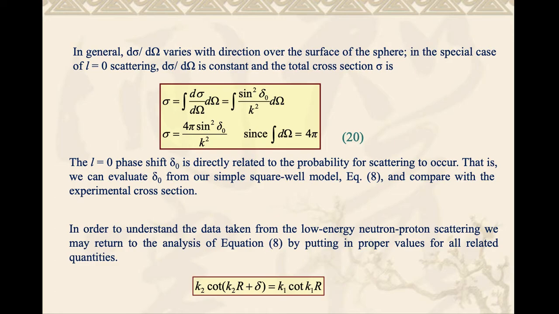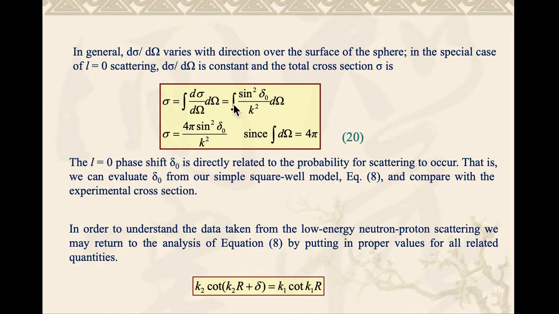In general, d sigma by d omega varies with the direction over the surface of the sphere. In the spherical case of L equal to 0 scattering, d sigma by d omega is constant, and the total cross section sigma is the integral of d sigma by d omega into d omega.